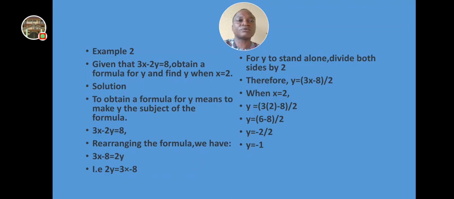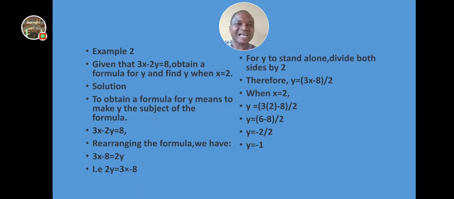What does it mean to obtain a formula for y? The same thing as to change the subject to y, to make y the subject of the formula, that is y standing alone. Okay, so 3x minus 2y equal to 8. When you rearrange the formula, remember, we want to make y stand alone. So y can be standing on the left hand side or in the right hand side. So when you rearrange the formula, we have 3x minus 8 equal to 2y.